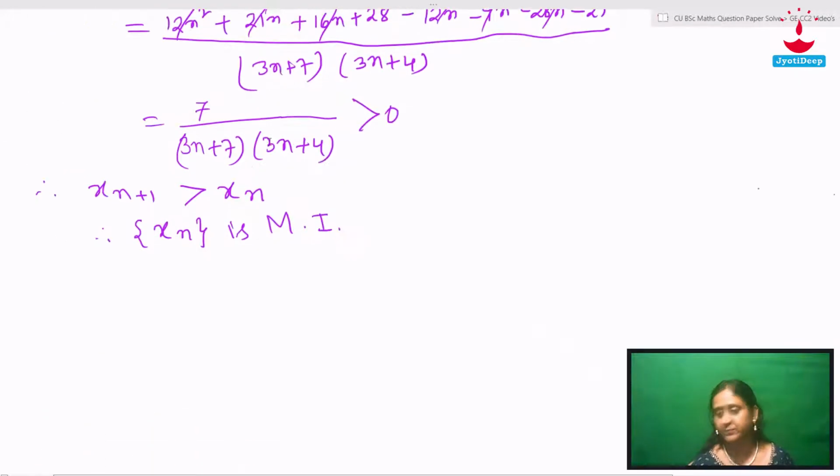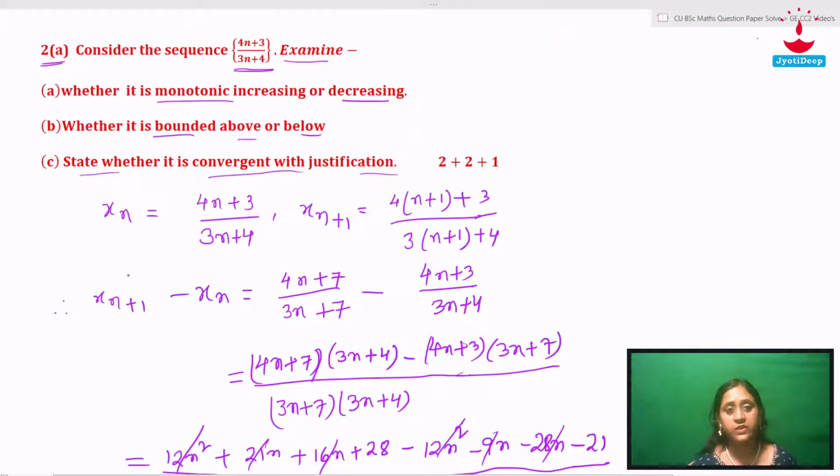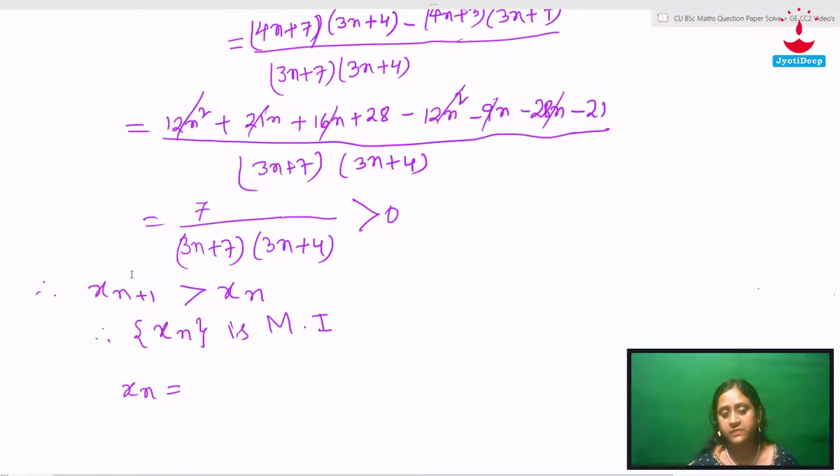Okay. So sequence xn is equal to 4n plus 3 by 3n plus 4.